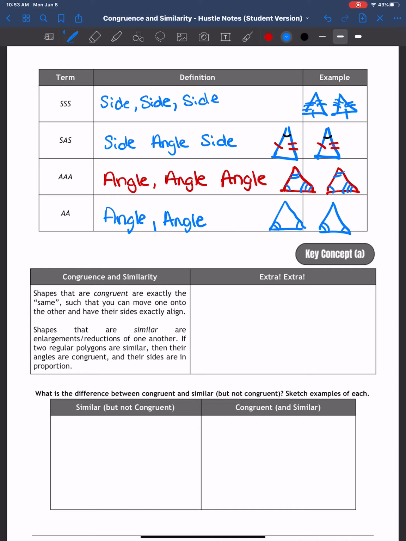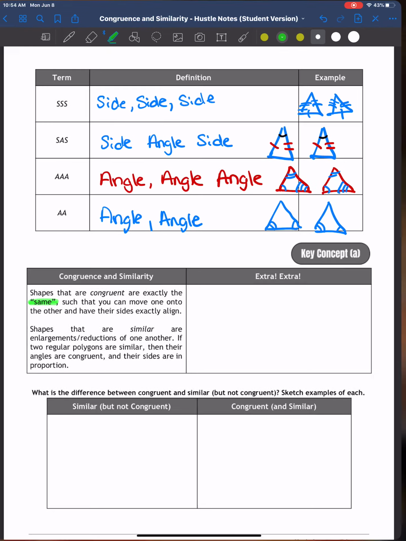So now we have concept A, congruence and similarities. Shapes that are congruent are exactly the same, such that you can move one on top of the other and they have the exact same alignments. So they are exactly the same. Make sure you remember that. That is important.